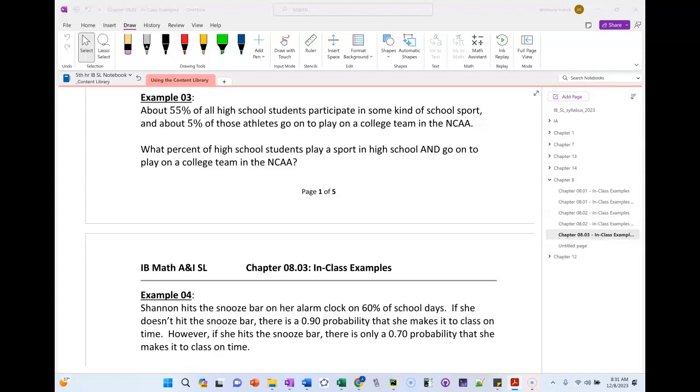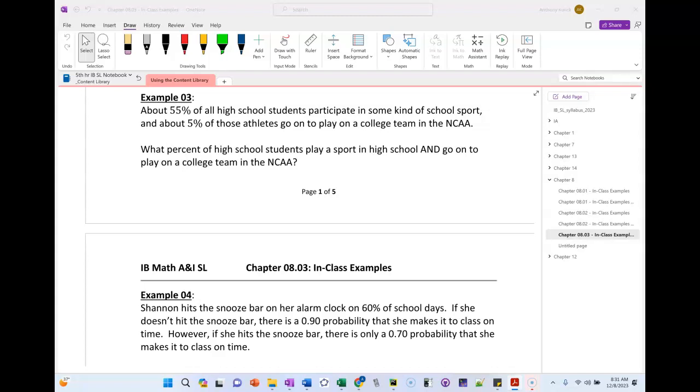Under 5%. Less than 1%. You should be able to come up with a number. So you're trying to calculate the probability of high school athlete and collegiate athlete, right?